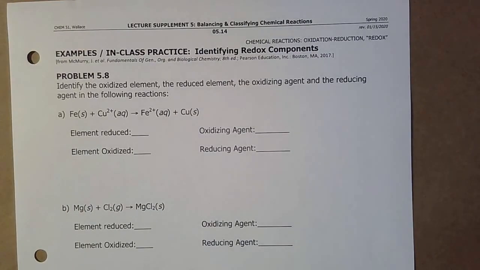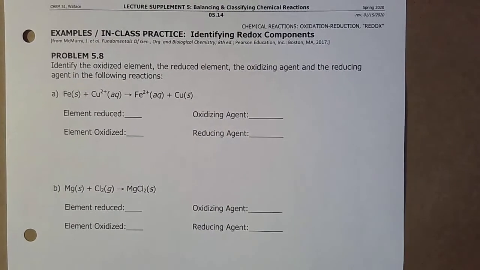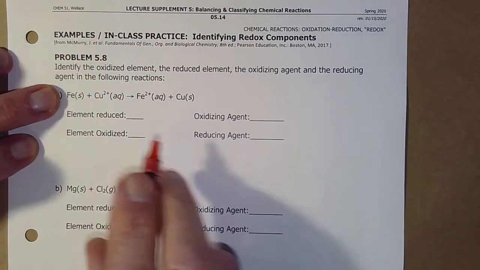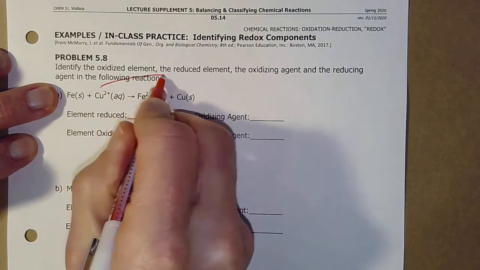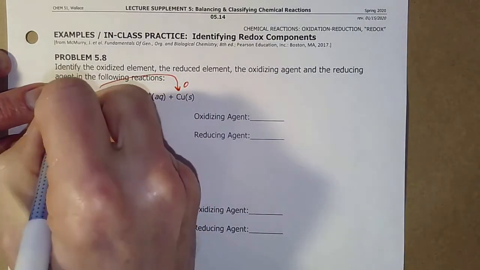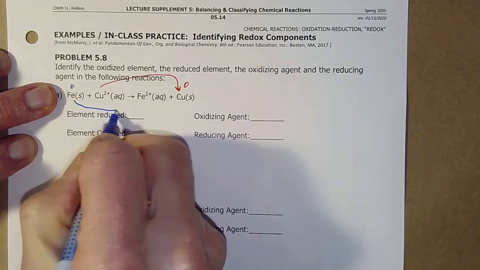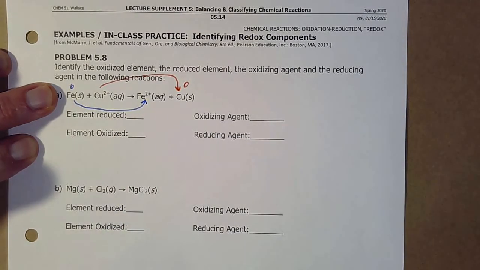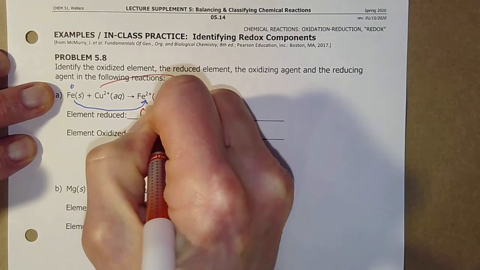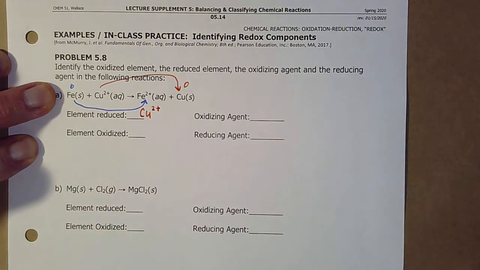I'm on page 5.14 then. Now I'm looking for who got reduced. Well, look up here. Copper went from 2 down to 0. Iron started at 0 and went up to 2 plus. So the element reduced was copper 2 plus.